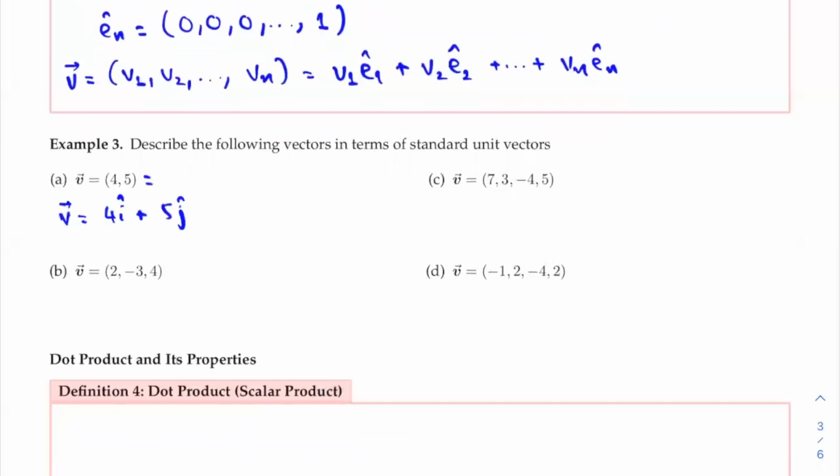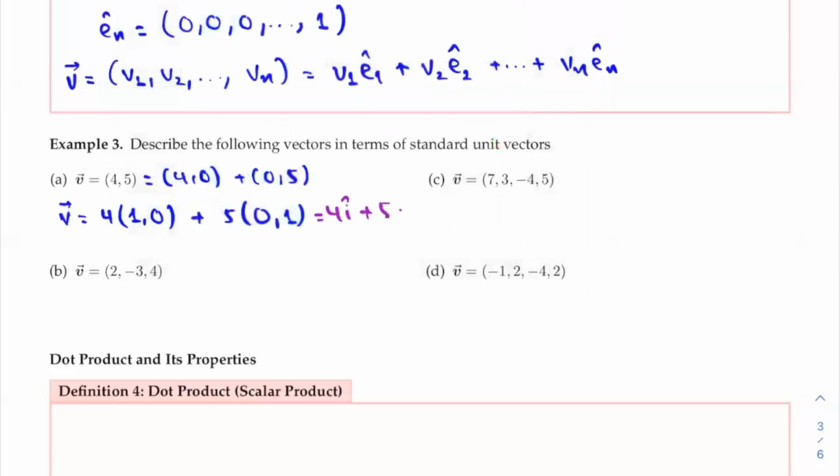If you want, you can break the vector down to (4, 0) plus (0, 5). Then you take out 4 and you're left with 4 times (1, 0). And for the second vector, you take out 5 and you're left with 5 times (0, 1). So this is clearly 4 i hat plus 5 j hat.